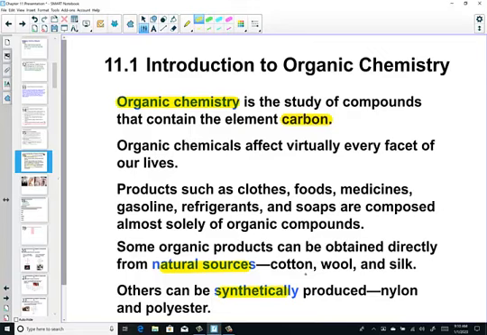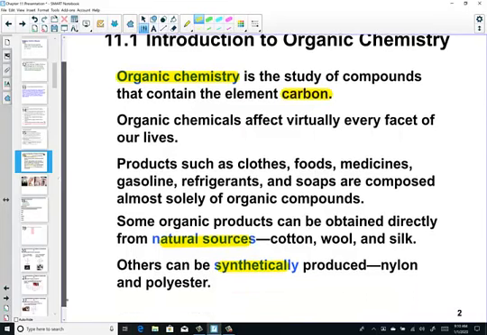We can see examples of natural sources being cotton, wool, or silk. And others that are examples of synthetic would include such materials as nylon and polyester.